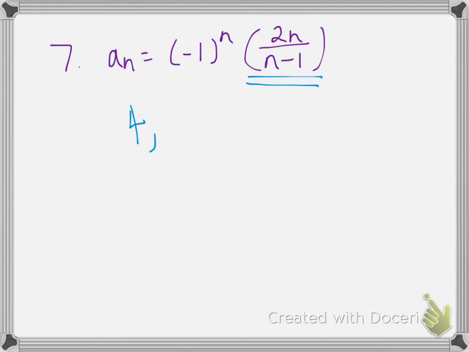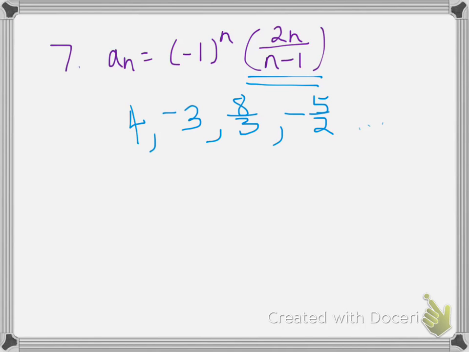Alright, and then if I plug in a 3, I know my next one's going to be negative, and then plugging in a 3 over there, I would get 6 over 2, so I get negative 3. Alright, plugging in a 4 would be positive, and then it would be 8/3. Plug in a 5, it would be negative, and it would be 10 over 4, or 5/2.